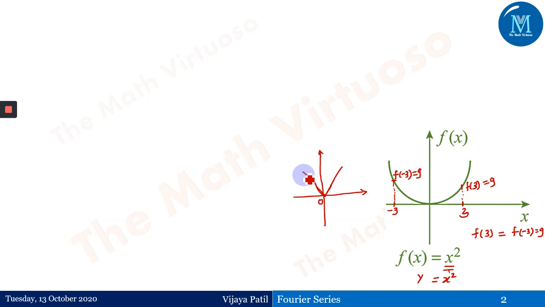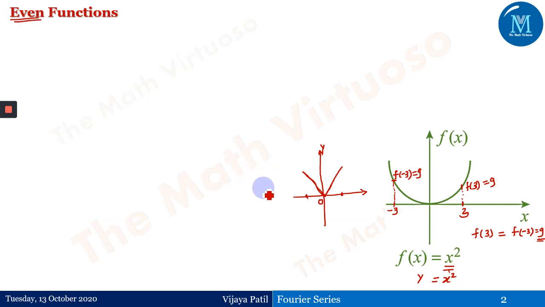This v-shaped curve is symmetric about the y-axis, and therefore for every positive x and negative x of this function, I get the same value. That is why these functions are known as even functions.